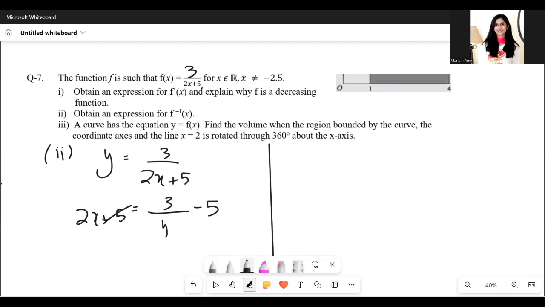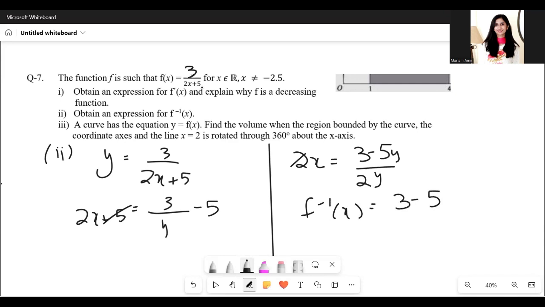Now you may take LCM here, that's an optional step though. So 3 minus 5y upon y, and send the 2 here. So the inverse is this, 3 minus 5x over 2x, replacing the y with x. This would be the expression for f inverse of x.